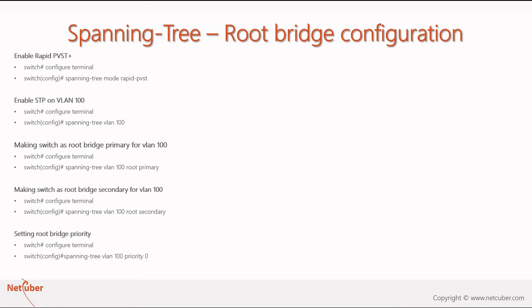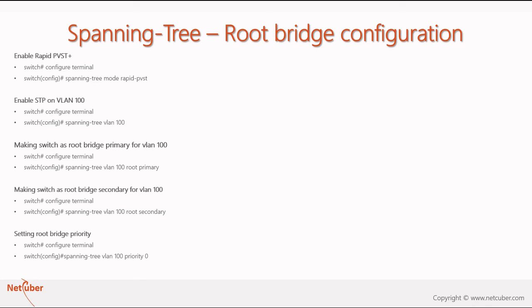Let's look at spanning tree configurations, root bridge configuration. Let's say you want to enable rapid PVST, rapid per VLAN spanning tree. Go to global configuration mode and type spanning-tree mode rapid-pvst. Let's say you want to enable spanning tree on VLAN 100: in global config mode, spanning-tree vlan 100.